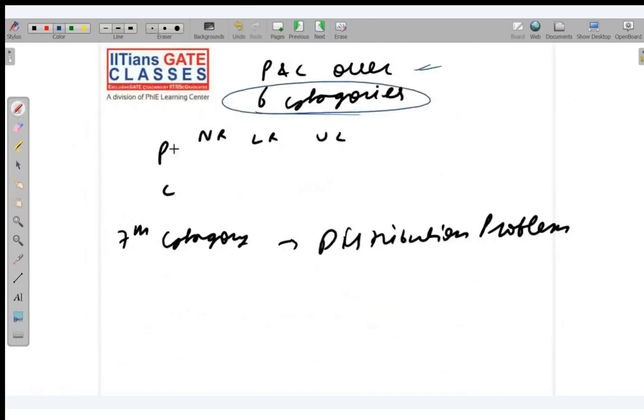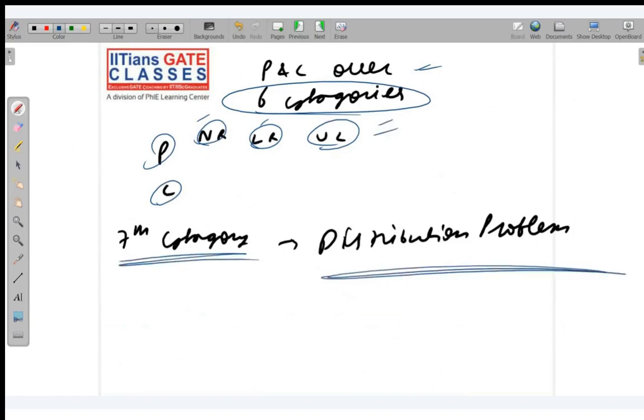All the 6 categories are over: permutation with no repetition, limited repetition, unlimited repetition, already over; combination with no limitation, limited repetition, and unlimited repetition. Everything is over. So the next, 7th category, is distribution problems. We will start that in the next class. Out of 9, we have done 6 categories, and the 7th category we will start in the next class.